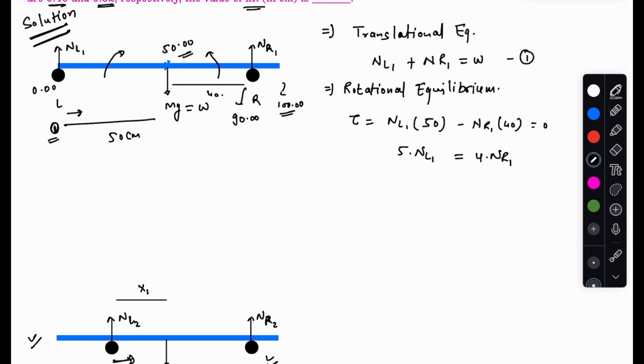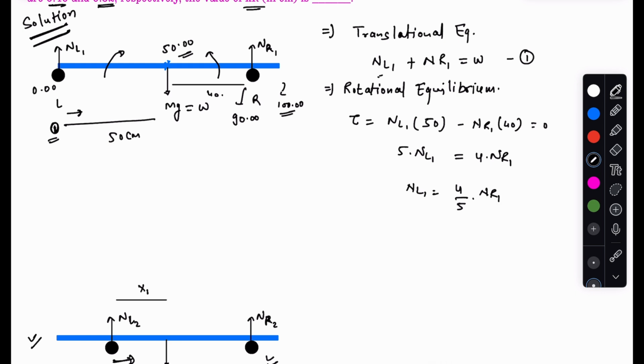All right, this question was asked by one of the students. It is quite an interesting question, so I thought of sharing it with all of you. So here we have nl1 equal to 4 divided by 5 times nr1. Let's find out the values from here.